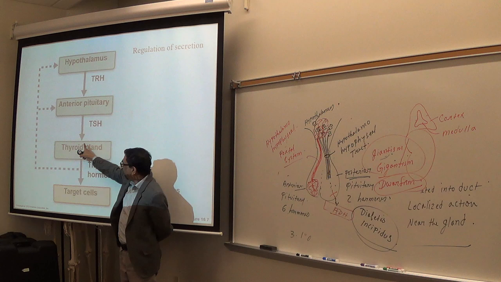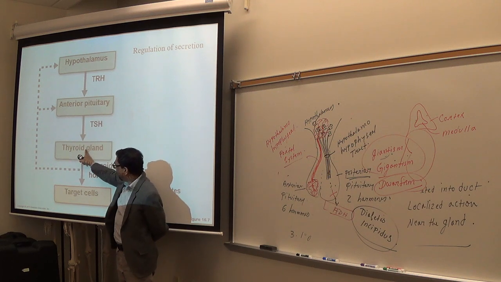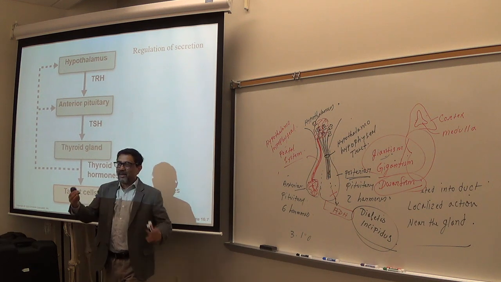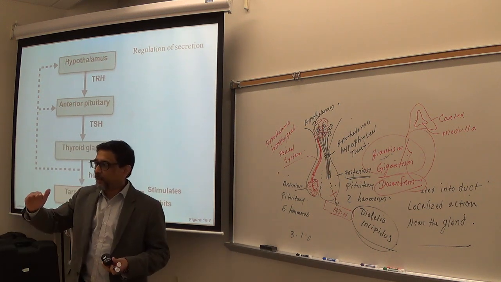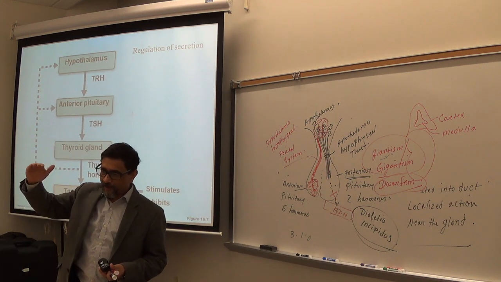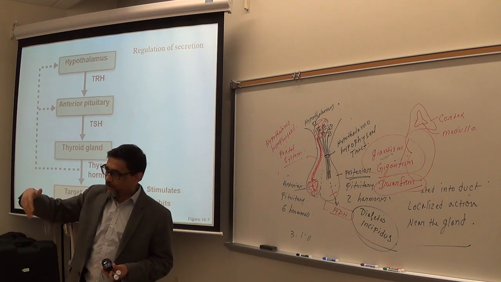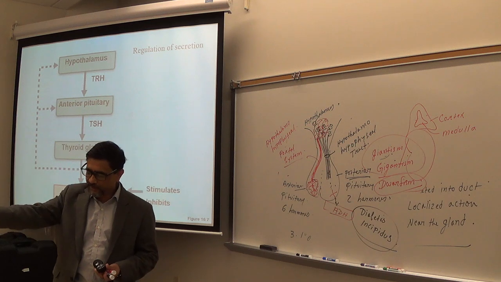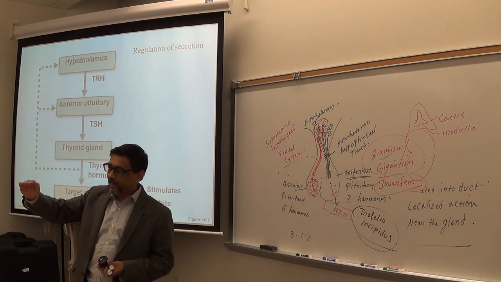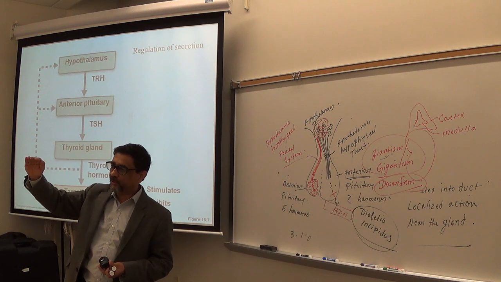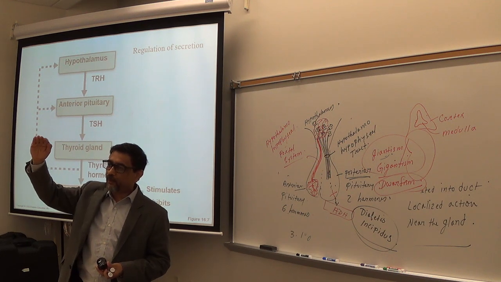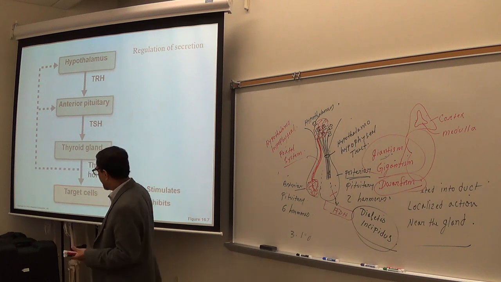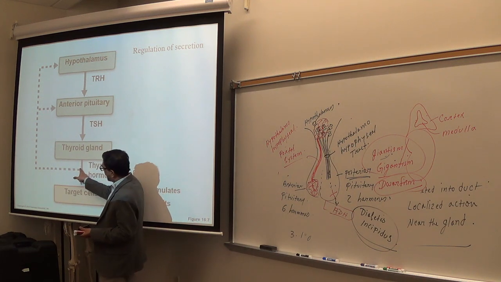That works on the thyroid gland, stimulating the thyroid gland to release thyroid hormones, right? And in the blood, the thyroid hormone concentration will go up, because the thyroid gland is releasing thyroid hormone into the blood. So blood concentration of thyroid hormone will gradually go up. And at one point, when it reaches an optimum concentration, what will happen?